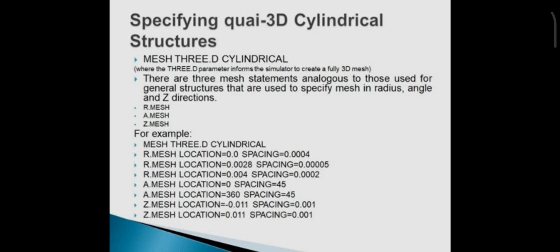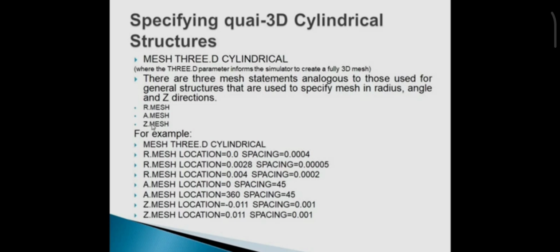The mesh statement must appear as mesh 3.d cylindrical, where the 3.d parameter informs the simulator to create a fully 3D mesh. When specifying the cylindrical parameter, you must now specify the structure in terms of radius, r dot mesh, angle, a dot mesh, and z coordinate in the form of z dot mesh.